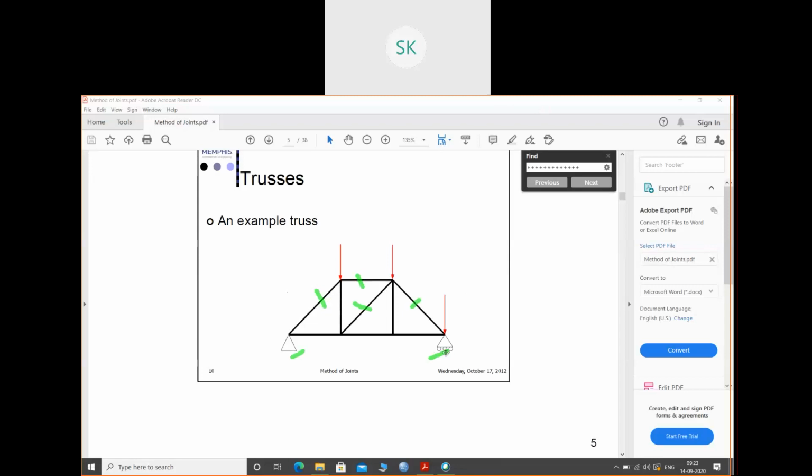This is a pin support. Here see the small rollers, so this is the roller support. The loads are applied here, shown in red color. The red arrows are the loads applied externally. The dark black lines are the members.